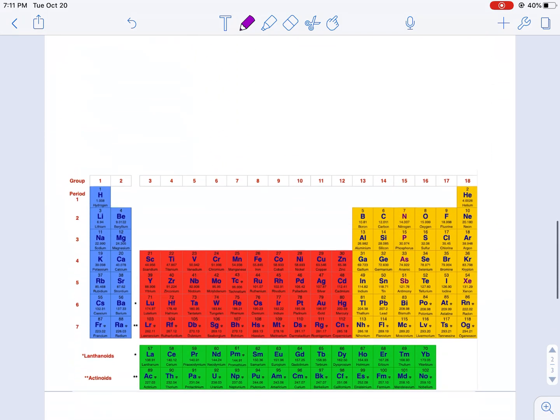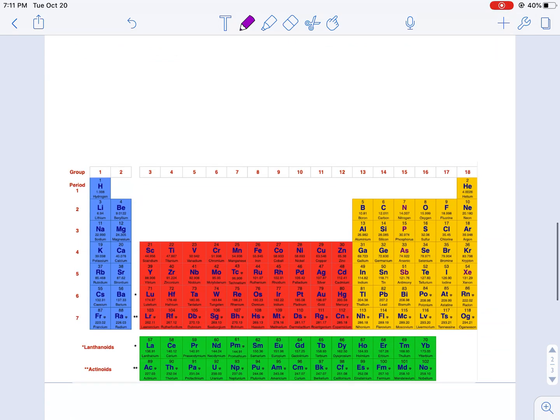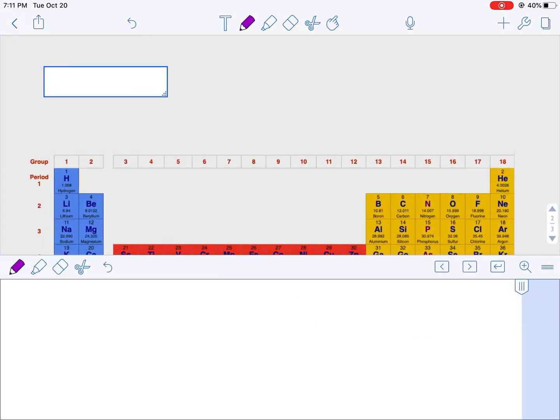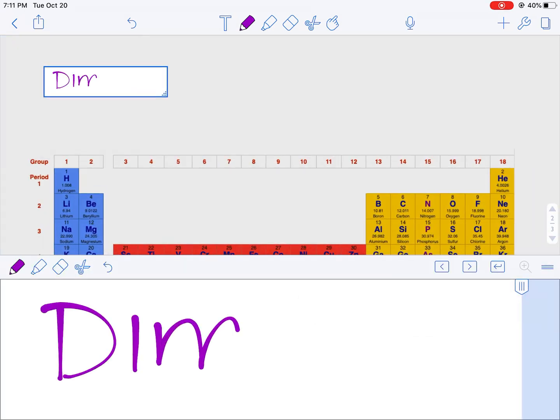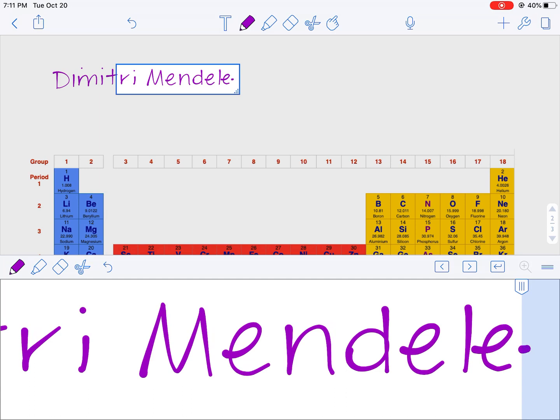Let's take a quick trip back in history because it wasn't always like this. The first person who's given credit for organizing elements in the periodic table is a scientist by the name of Dmitri Mendeleev.